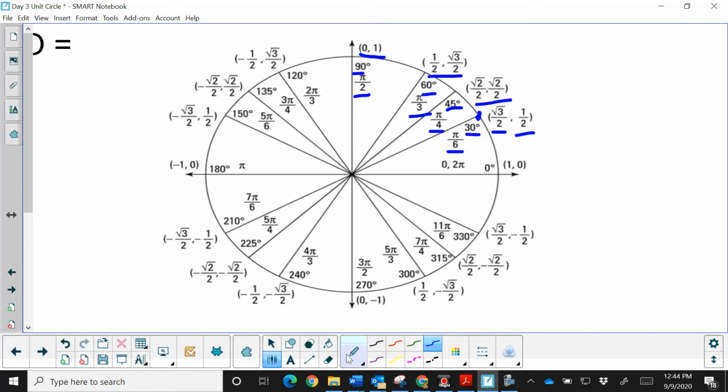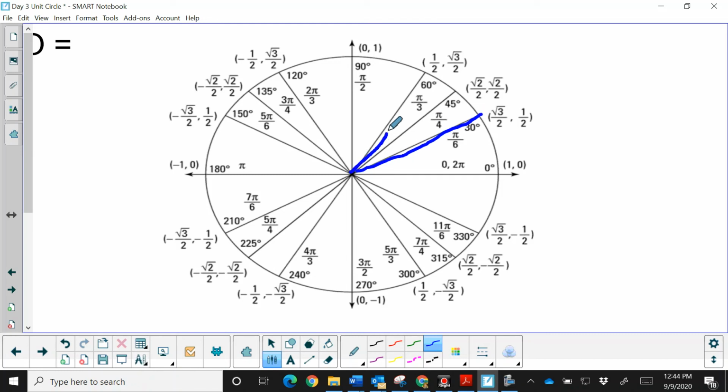Now to memorize it can be a little tricky, so I'm going to give you a few pointers on how to do that. You're going to highlight first when you're looking at these as 30, 60, 90s and 45, 45, 90s. So I'm going to highlight in blue your 30s.